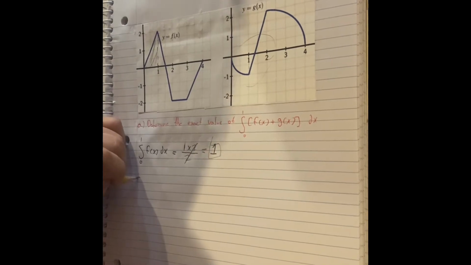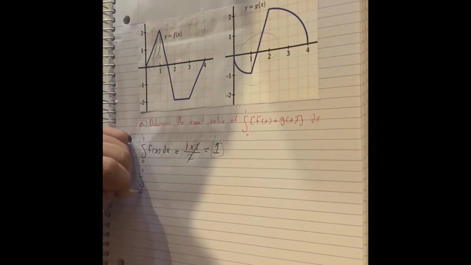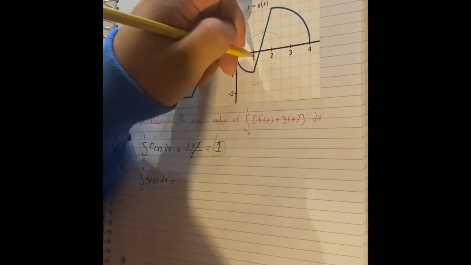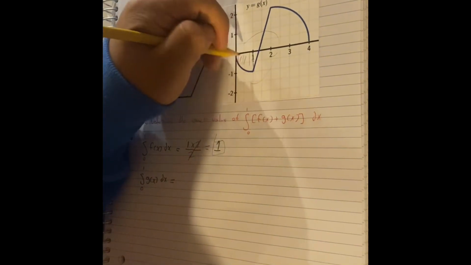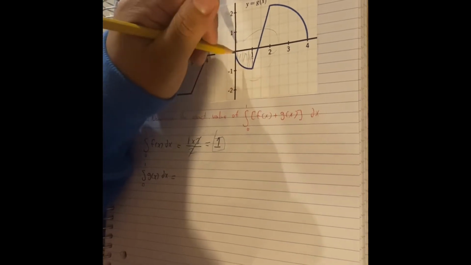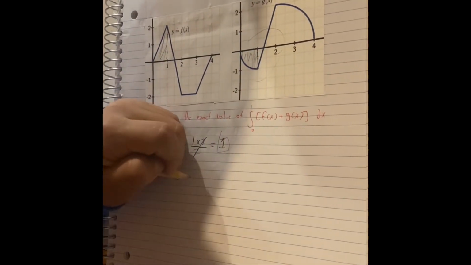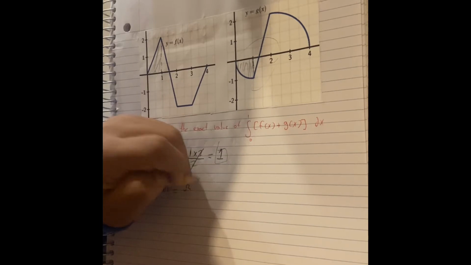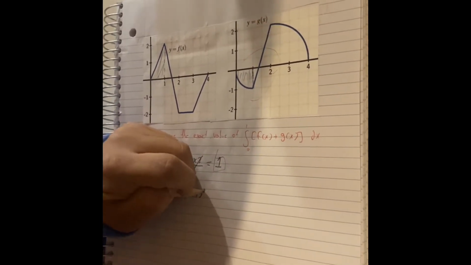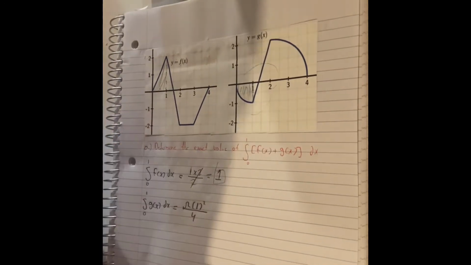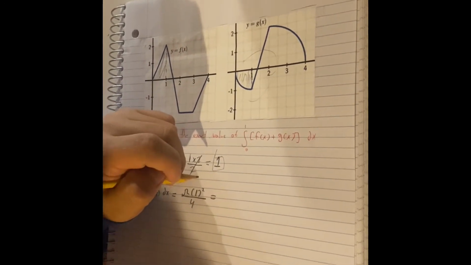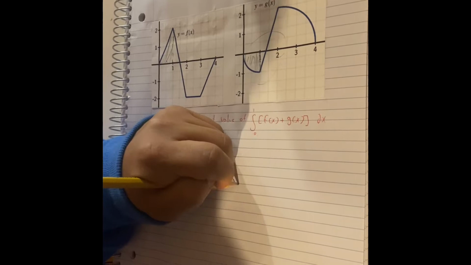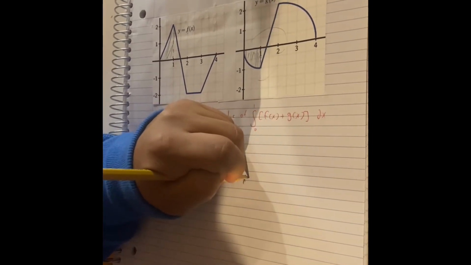So the integral from 0 to 1 of g of x dx is gonna equal pi r squared divided by 4, which is pi times the radius, which is 1 in this case, squared, divided by 4, because it's 1/4 of the circle, which is gonna give us approximately 0.785.